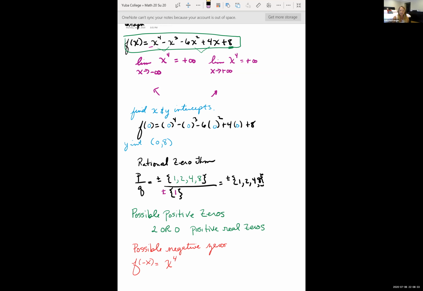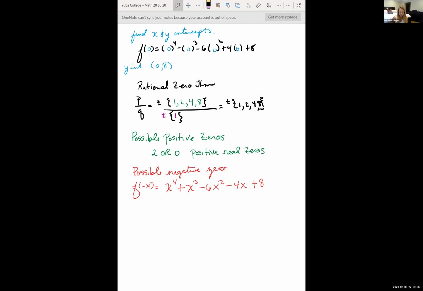Negative, and then I have a negative x cubed. That negative x cubed is in parentheses, but if I multiply that out an odd number of times, that's negative with a negative coefficient out front. So this is really plus an x cubed. Negative 6x squared, the negative 6, and then that negative x is squared, that's positive. So it stays as negative 6x squared. 4 times negative x is minus 4x, and then plus 8.